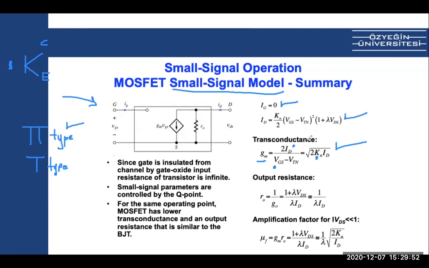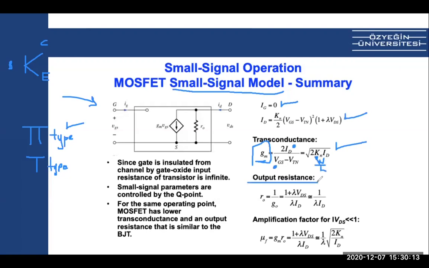So basically you need to put it in the right formula and find how GM changes. The GM is a function of DC values, the currents, the voltage, and also the width over length.